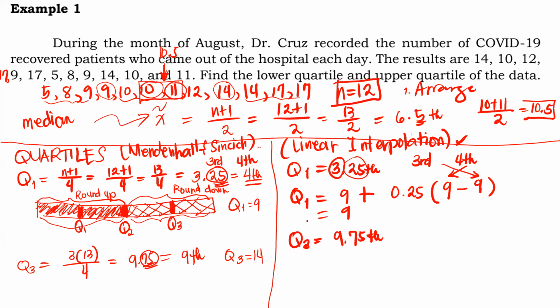So our Q sub 1 is still 9, which is in the middle of the two, because our data are the same.